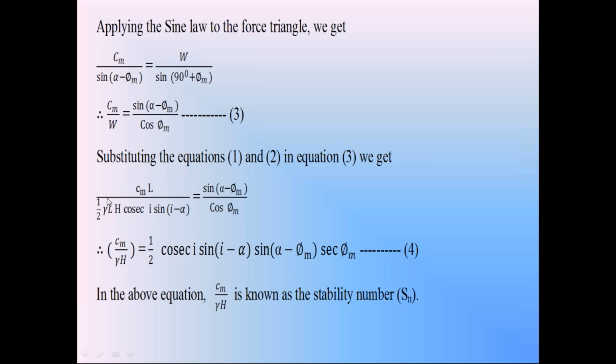So cm into L, divided by the equation of W in Kalman's method, half into gamma L H into cosecant i into sine i minus alpha, is equal to, the right hand side as it is, sine alpha minus phi m by cos phi m.